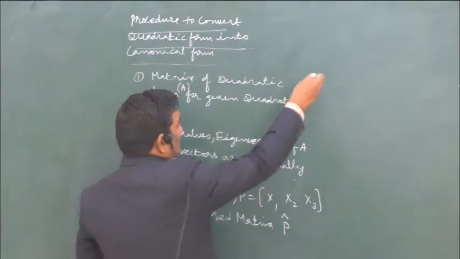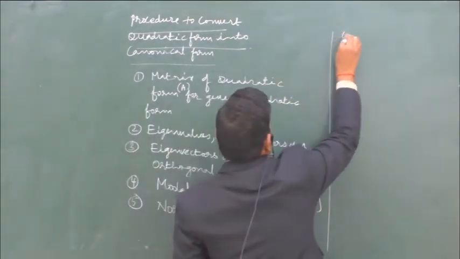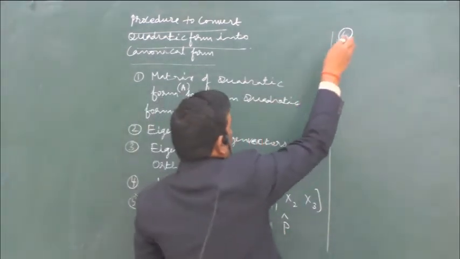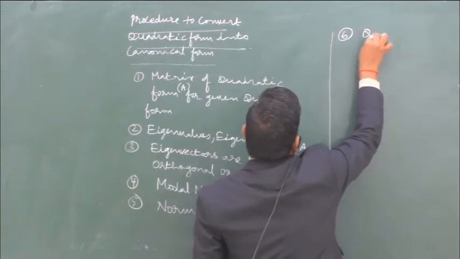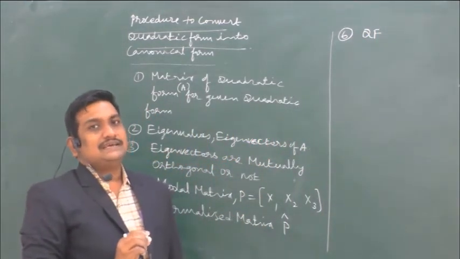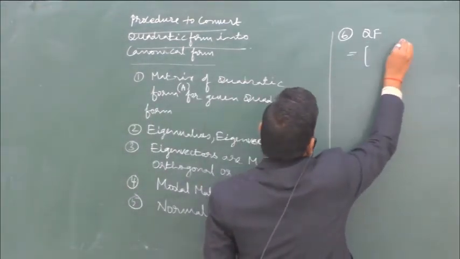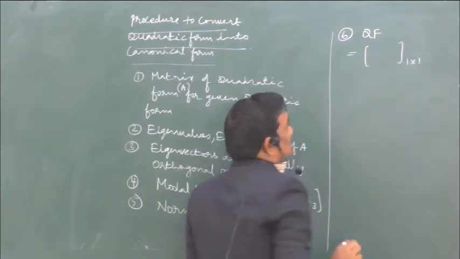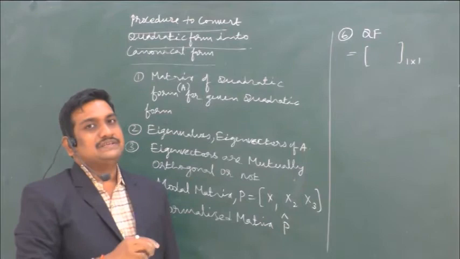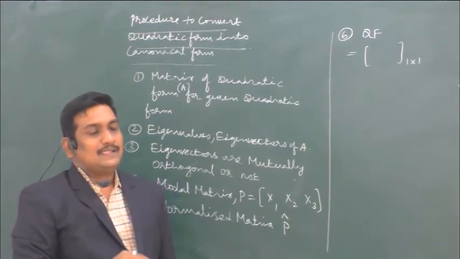Every quadratic form can be represented in matrix notation of order 1 by 1. This is the important point.